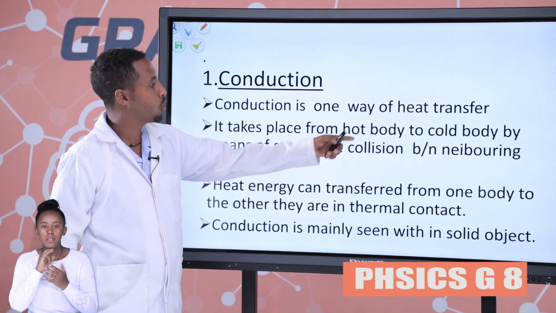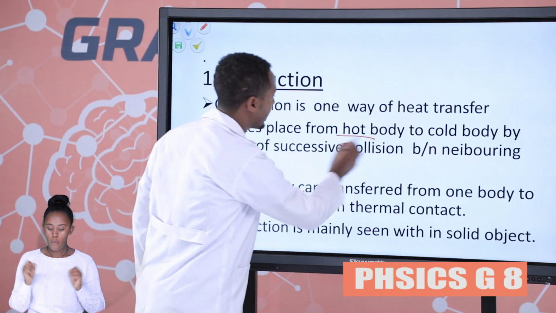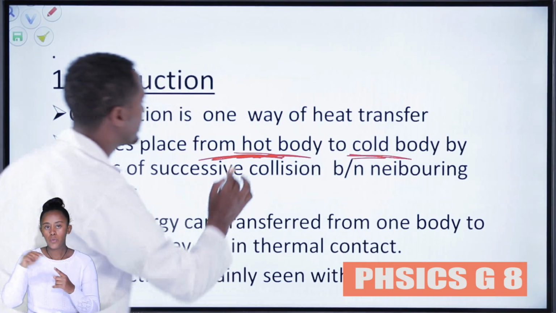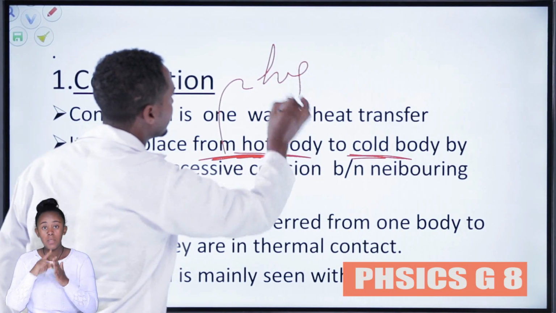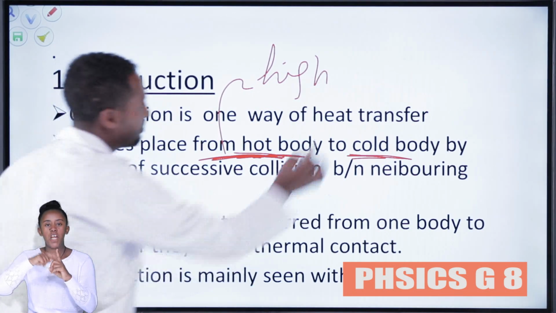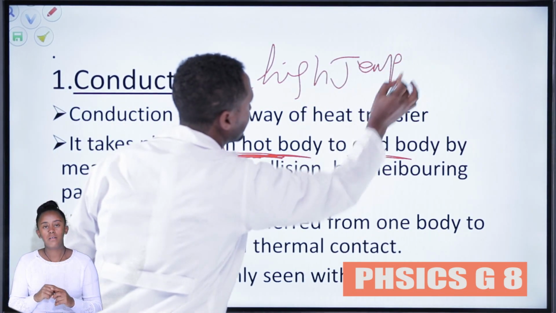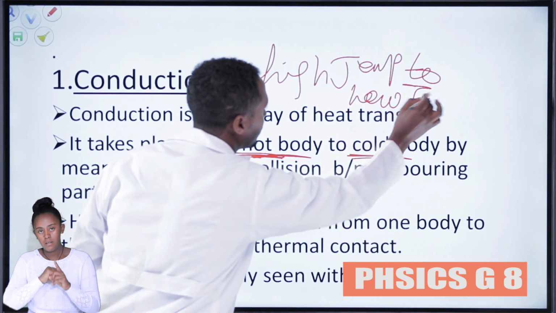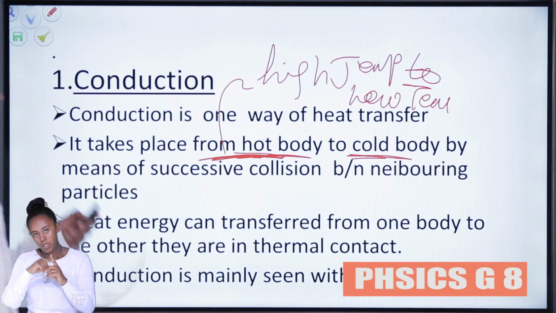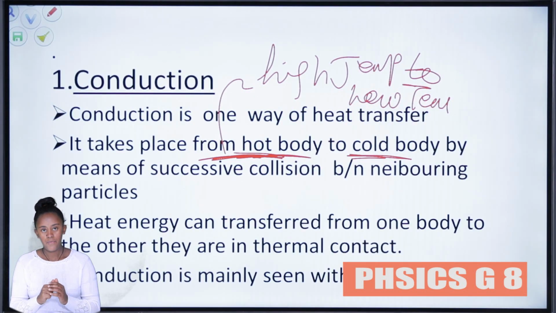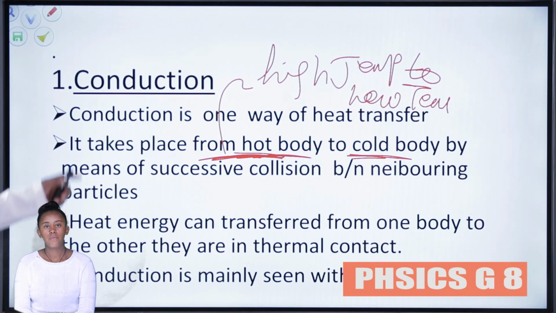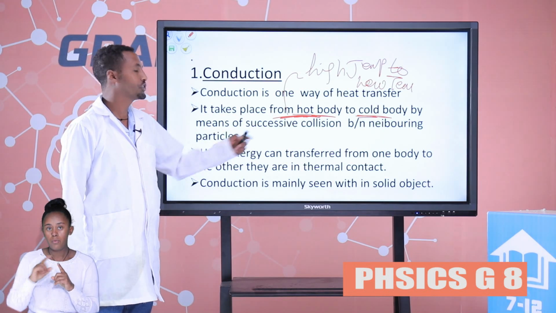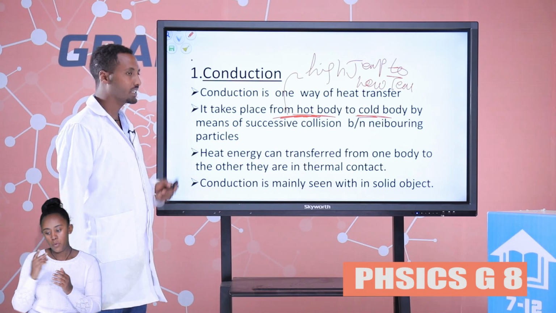It takes place from a hot body to a cold body, which means from high temperature to low temperature. It takes place by means of successive collisions between two neighboring particles.